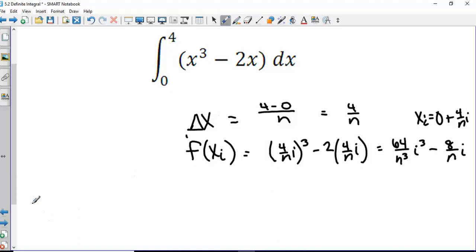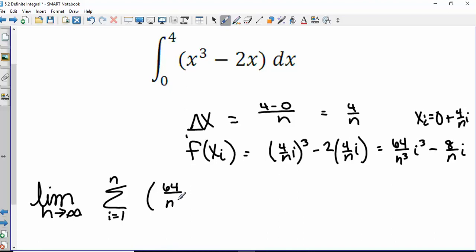So, an integral, if you use that definition I gave you, means the limit as n goes to infinity of the sum from i equals 1 to n of f of x sub i times the change in x, which was 4 over n.